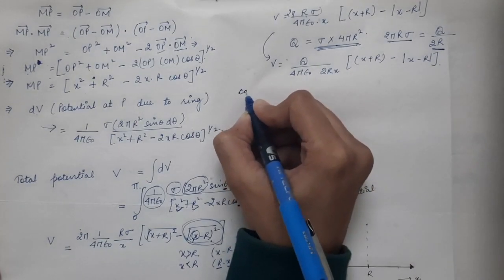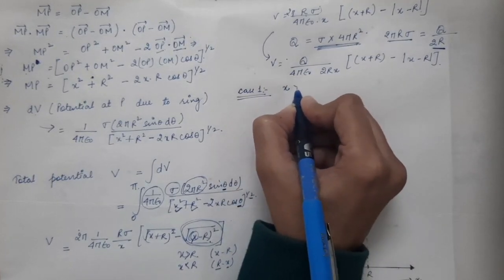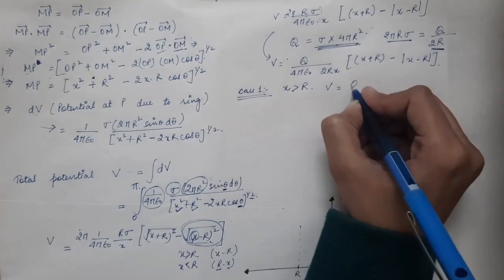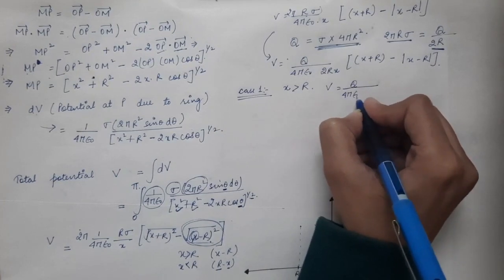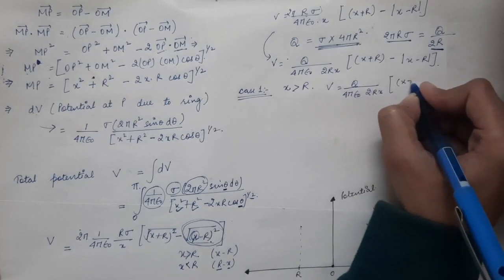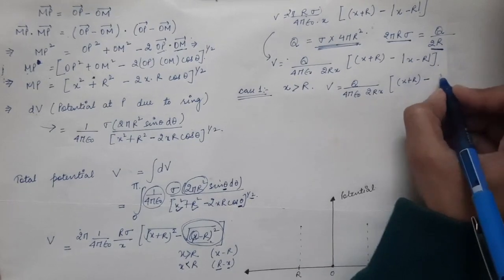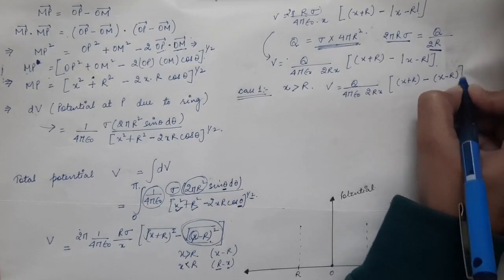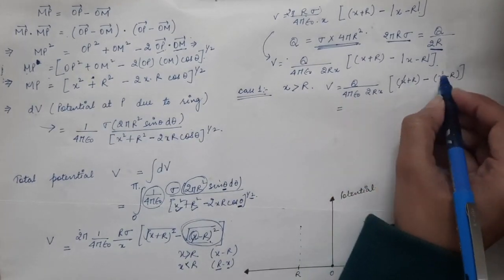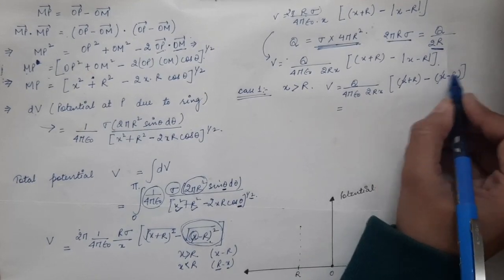So that is case 1, that the observation point, that is x, is greater than capital R. So in that case this potential formula will be equal to Q divided by 4 pi epsilon naught 2rx, it will remain as it is, and inside the square bracket this x plus r will remain as it is, minus of this modulus of x minus r will be just equal to x minus r, because x is greater than capital R. So you will solve this expression. x will cancel with x, and over here you have r minus of minus r, so that will be equal to twice of r.